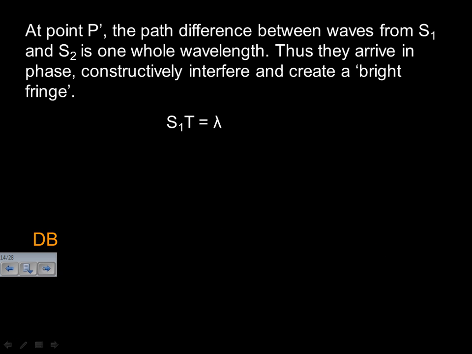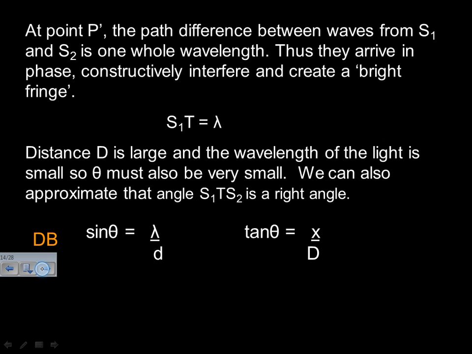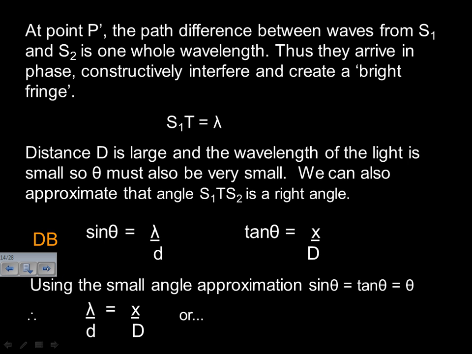All right, so this is leading us up to the equation. And so the equation, the first one that's in the data booklet, is just the trigonometry. Sine theta is your lambda over the separation of the slit. Okay?